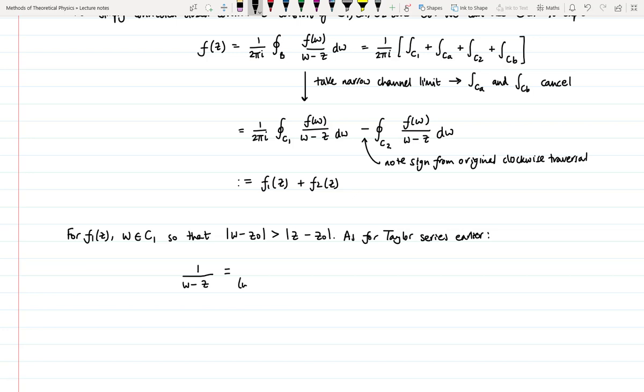We're going to have w minus z0 minus z minus z0 in the denominator. We can take out our factor of w minus z0 to leave us with 1 over 1 minus z minus z0 over w minus z0. This is precisely the convergent geometric series that we spotted in the previous video.